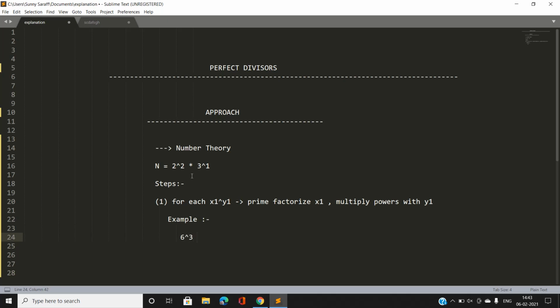If we prime factorize 6, it becomes 2 into 3, and the whole power 3. So on prime factorizing 6 power 3, it becomes 2 into 3 whole power 3. Our new value would be 2 power 3 into 3 power 3.